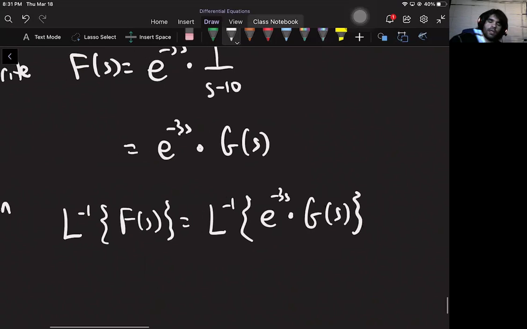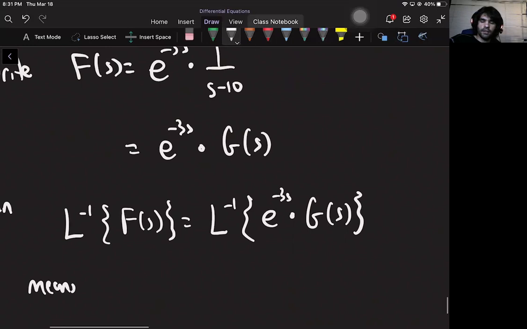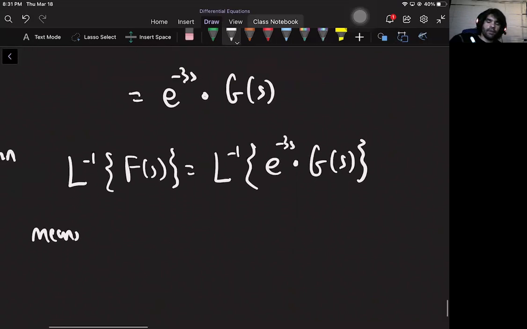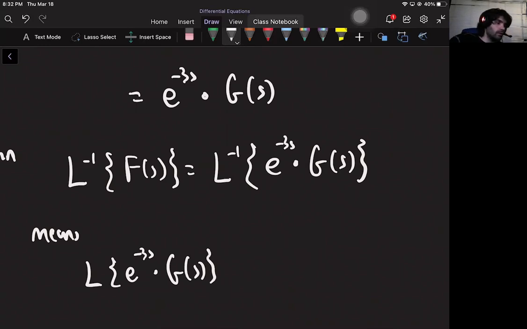But what does this really mean? Remember, what the inverse Laplace transform really means is that if I take the Laplace transform of the stuff in the inverse, it goes back and forth.